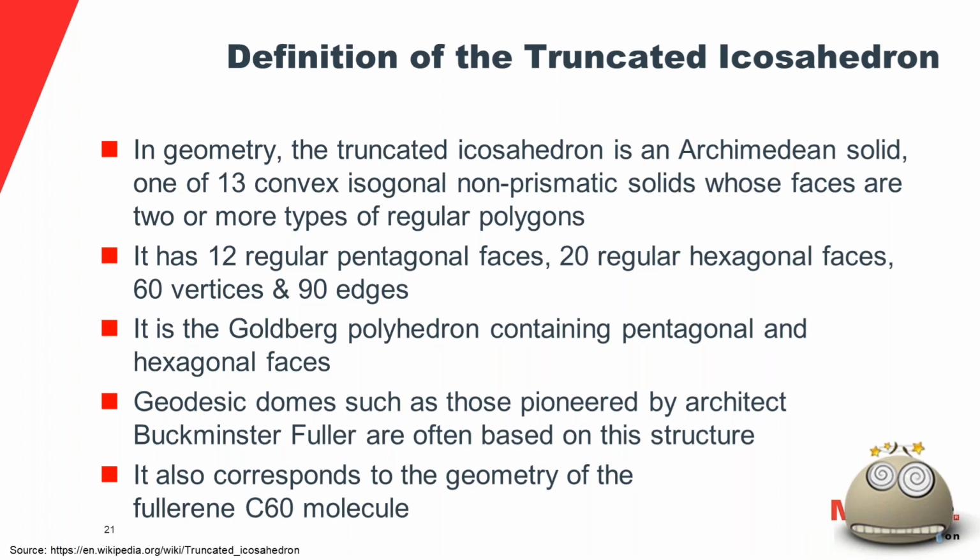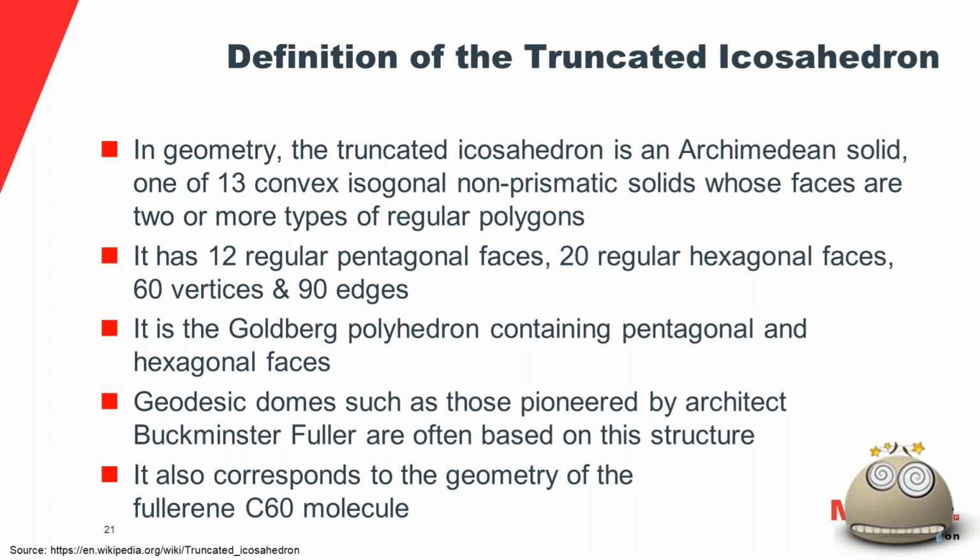You have 12 regular pentagonal faces, 20 regular hexagonal faces, 60 vertices, 90 edges, blah, blah, blah. If you're not mathematically inclined or you don't like that stuff, this is kind of gibberish to you.